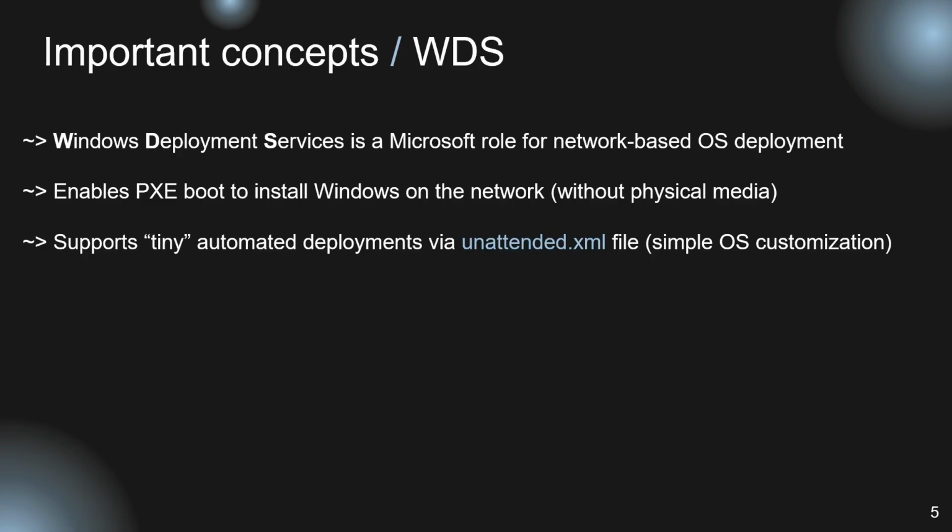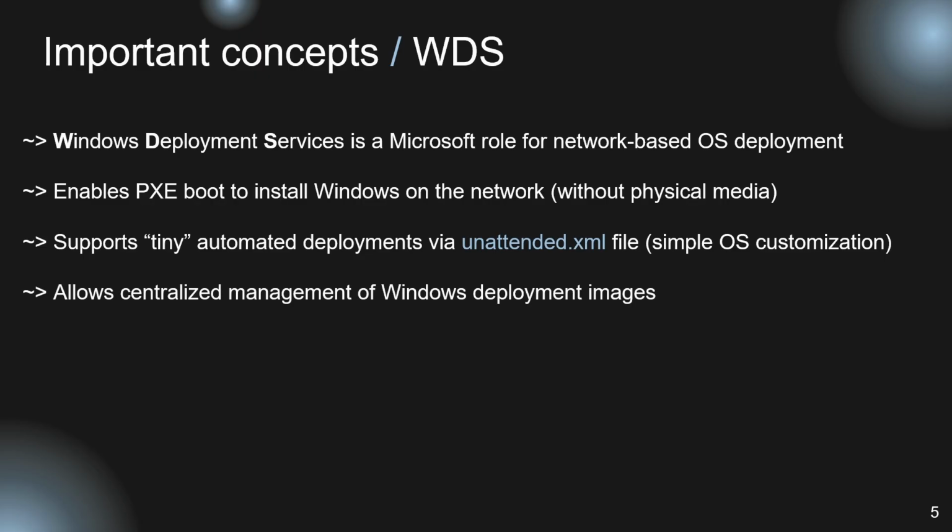It supports basic automated deployment through an unattend.xml file for simple OS customization. And it allows centralized management of Windows deployment images, because in the case of a big company, you can have multiple masters, so multiple OS images.